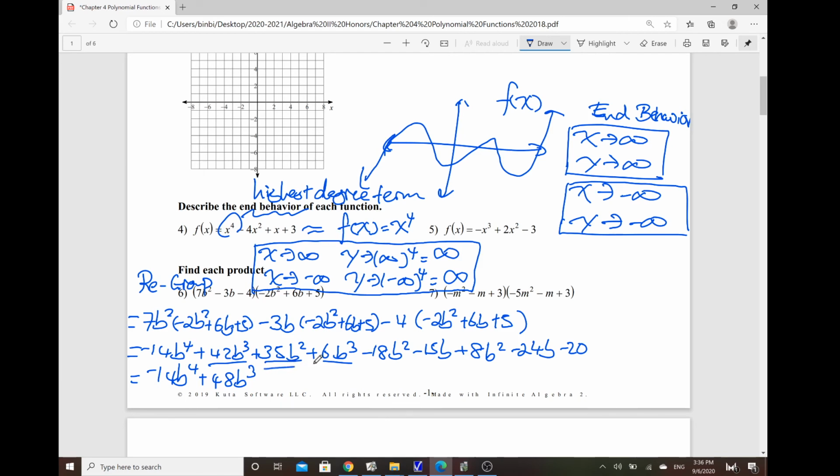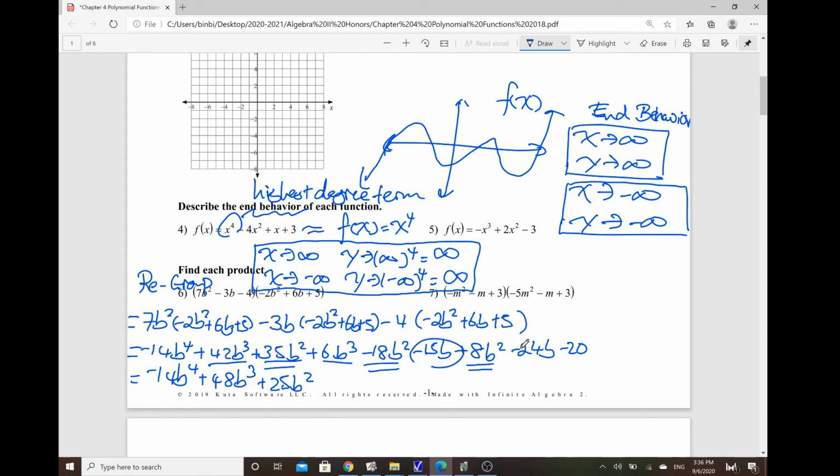And then 35b squared, negative 18b squared, plus 8b squared. Combine all of them together. So 35 minus 18 is 17b squared, and then plus 8b squared, so it's 25b squared. And then what about the one with b to the first power?